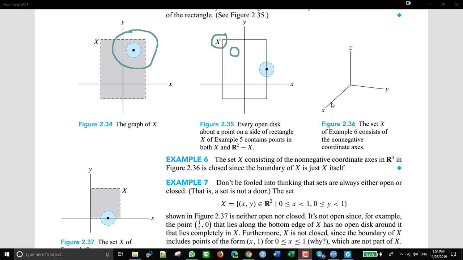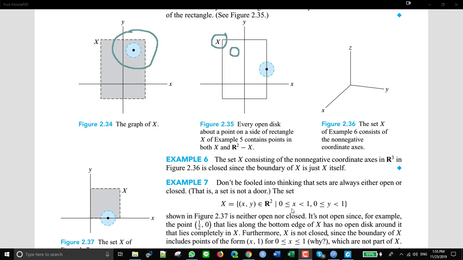So that's exactly what we mean by a boundary point. So every point in the set is a boundary point, and there are no other boundary points, so it contains all its boundary points. Therefore, we call it closed.